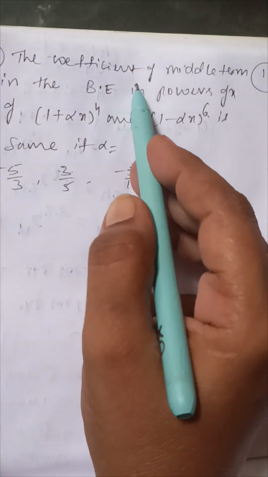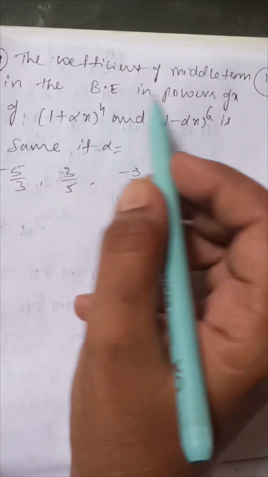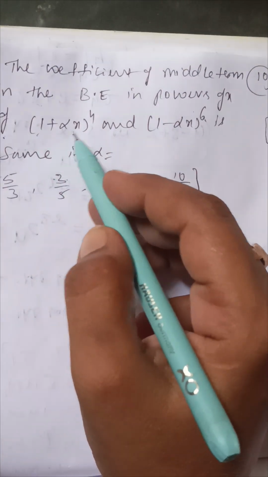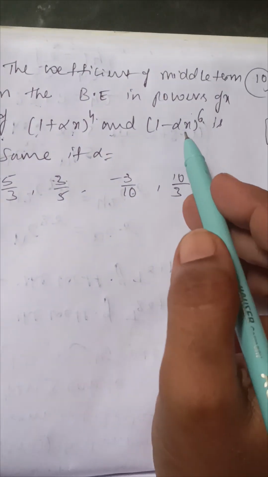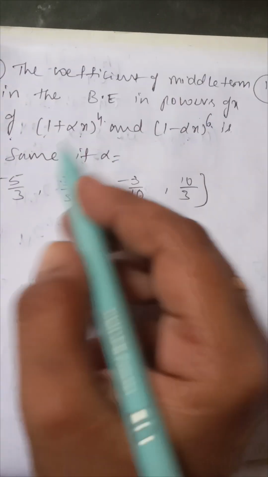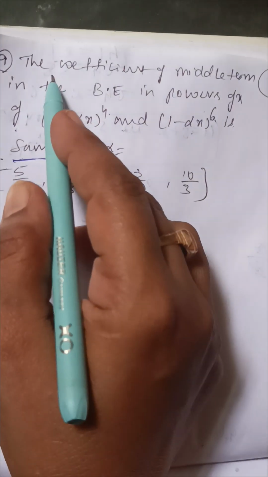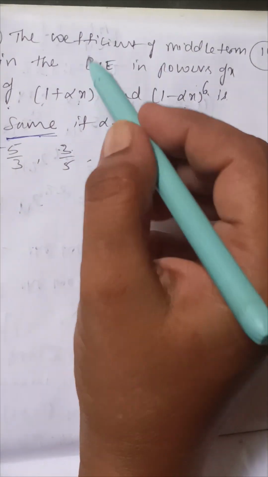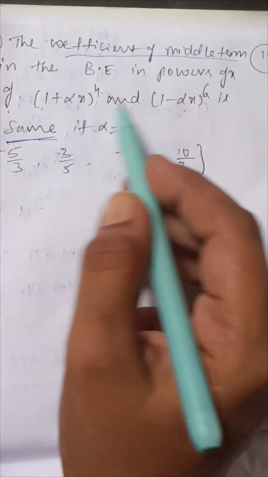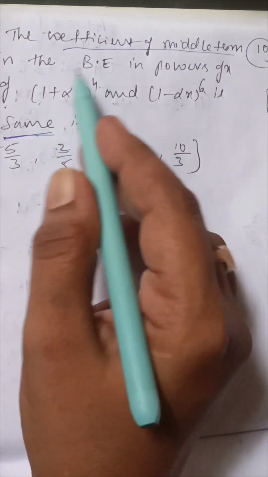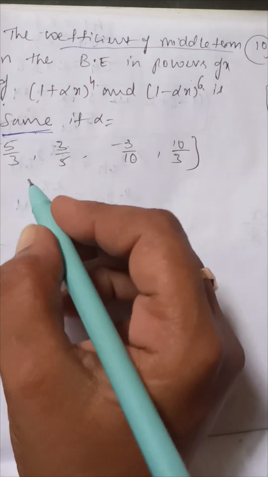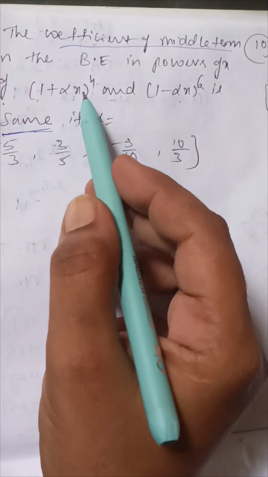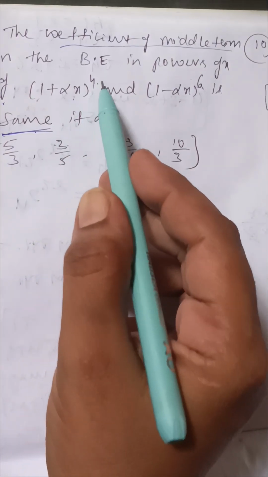The coefficients of the middle terms in the binomial expansion in powers of x of (1 + αx)^4 and (1 - αx)^6 are the same. So the coefficients are same. The middle term coefficient will be 4C2, because 4C0, 4C1, 4C2, 4C3, 4C4.